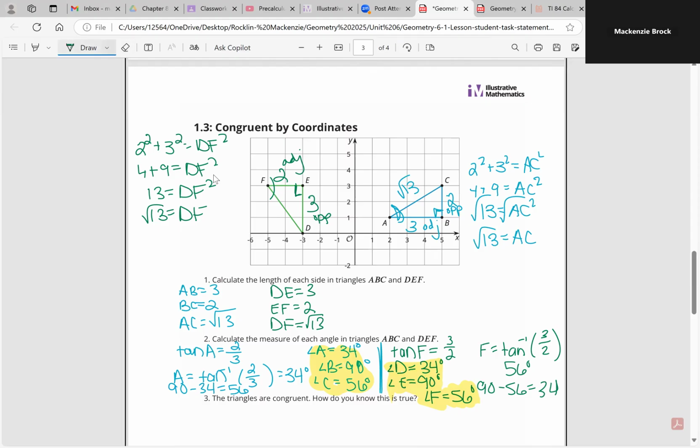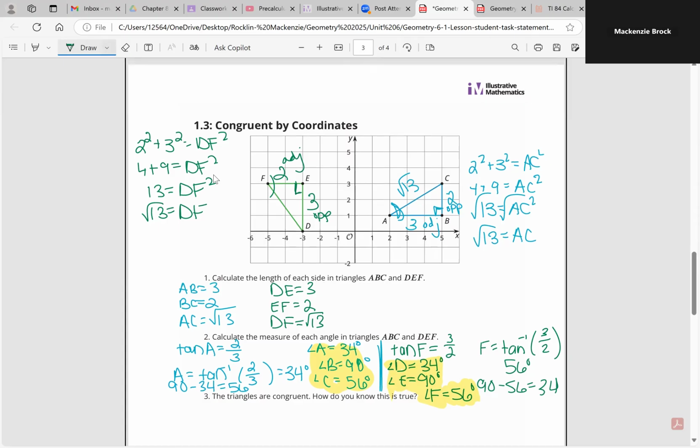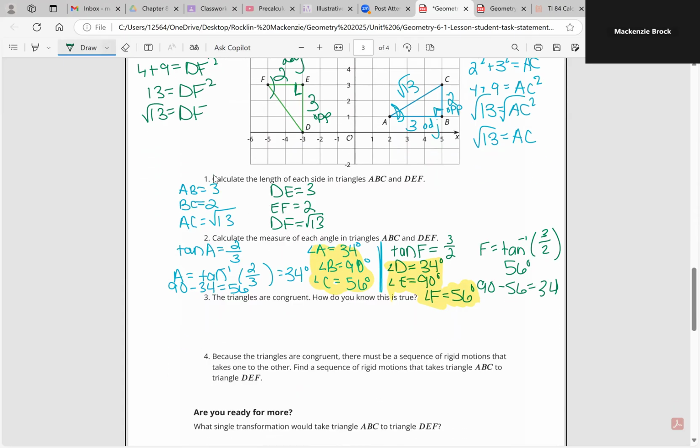So the triangles are congruent. How do you know this is true? Well, we just proved that all the corresponding angles were congruent and all the corresponding sides were congruent.